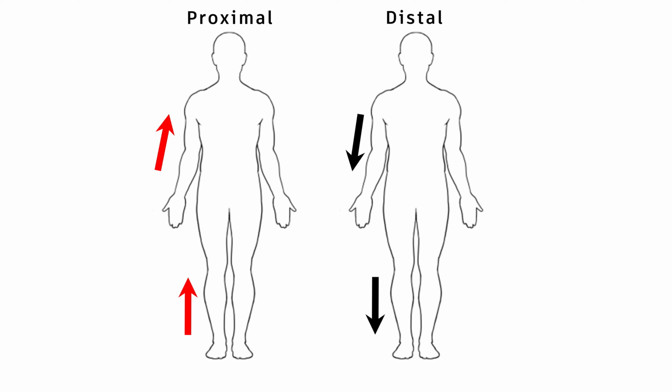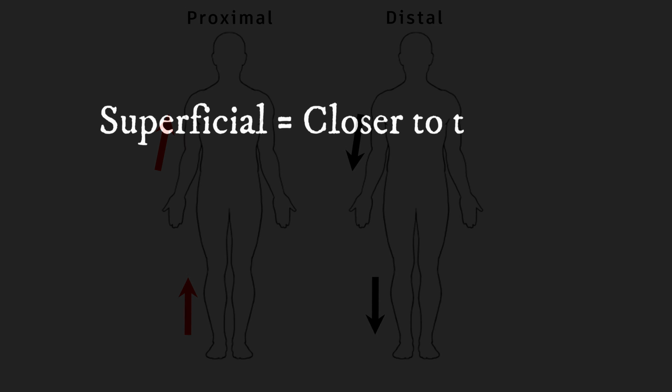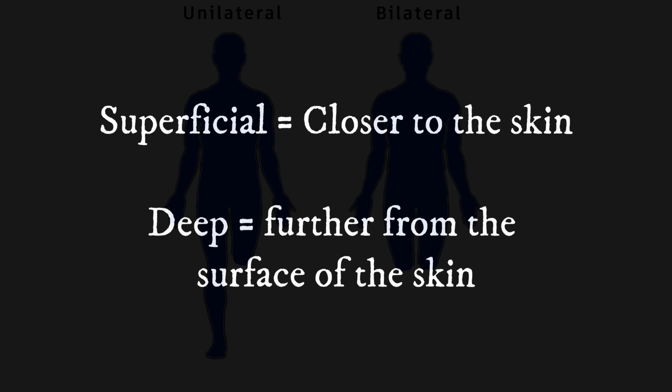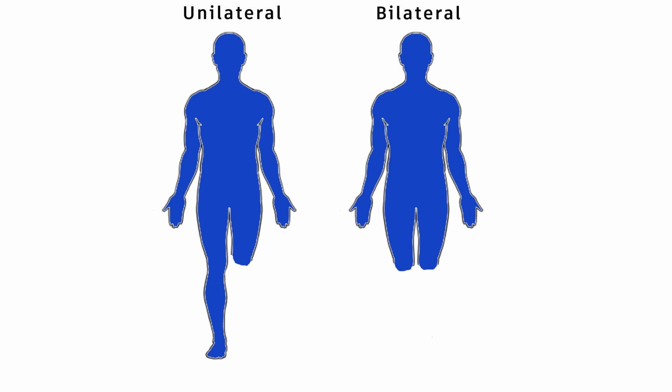What else? Well, this one is a bit easier to understand. Superficial versus deep. If you have a superficial cut, it's close to the skin. If you have a deep wound, it's further away from the skin, and in this case, deeper inside the body, all right? All right, how about unilateral and bilateral? Unilateral means on one side of the body.